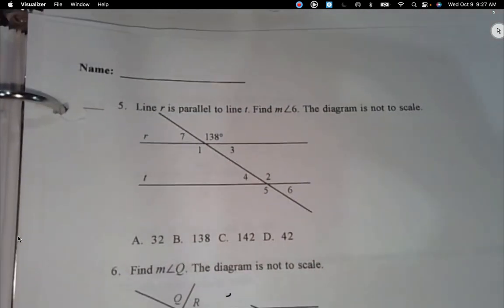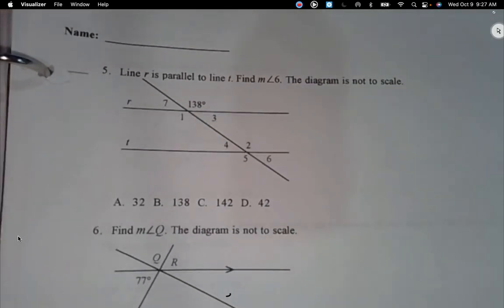Number 5 is on there, I believe. And look, tomorrow I'll for sure go through it and say, okay, there's one like this. So, this one says that R and T are parallel. So, what's the measure of angle 6? What I would go through and do real quick is write all the ones that are 138 degrees. What's another one that's 138? Yeah, angle 2 is 138, and angle 5, and yeah, I got angle 1. Now, what's it asking me for?